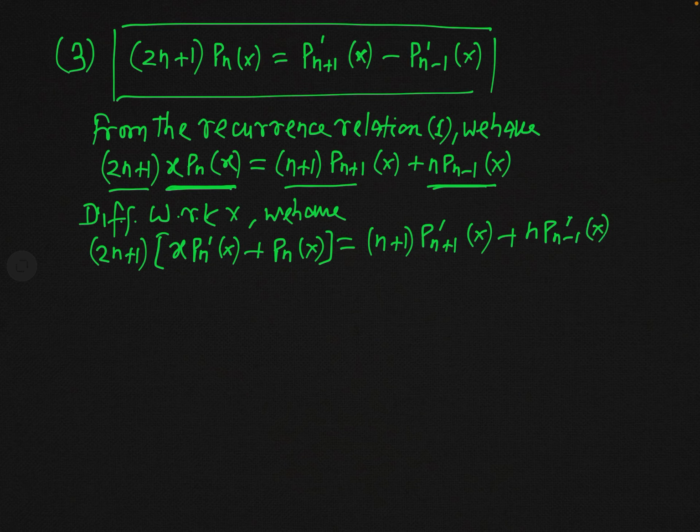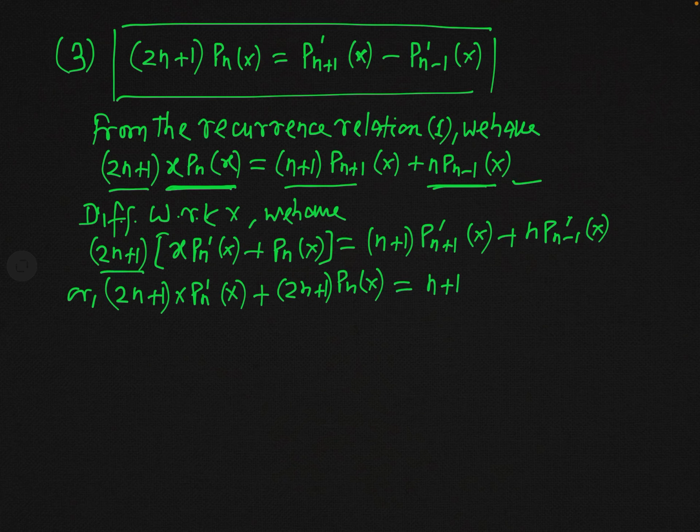After differentiating, we can write this as (2n+1) x Pn'(x) + (2n+1) Pn(x), where I have multiplied both terms by 2n+1, equal to (n+1) Pn+1'(x) + n Pn-1'(x). Let us say this is equation 1.